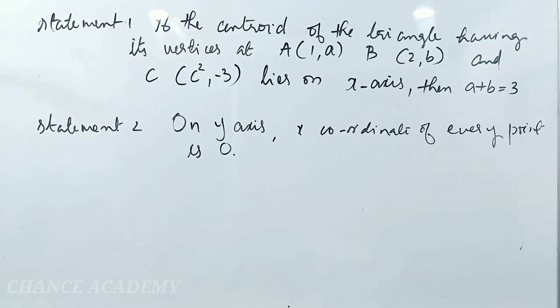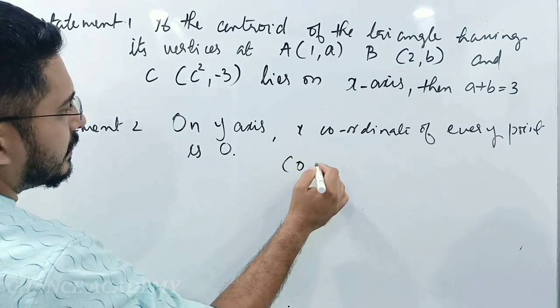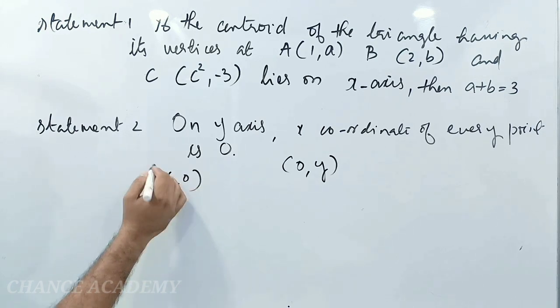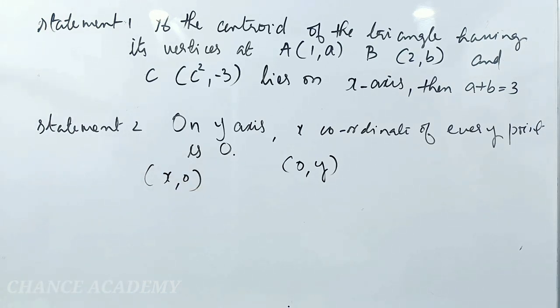That's the assertion. And the reason given is: on the y-axis, the x-coordinate of every point is 0. That's known to you, right? On the y-axis, every point is denoted as 0y, and on the x-axis, each point will be represented as x0. So the second statement is true, no doubt on that.